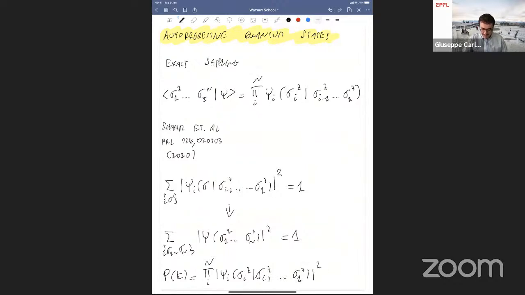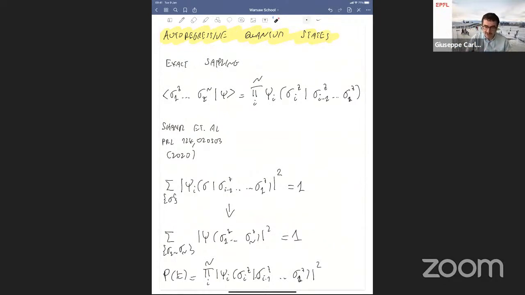So these psi I squared are just conditional probabilities of spin I conditioned on all the other previous spins according to some order. So you can use the exact sampling techniques that you've seen discussed by Juan during his talk. Essentially you generate the first spin and then you condition the second spin on the value of the first, until you generate all the spins without any acceptance or rejection scheme as done in the Markov chain.